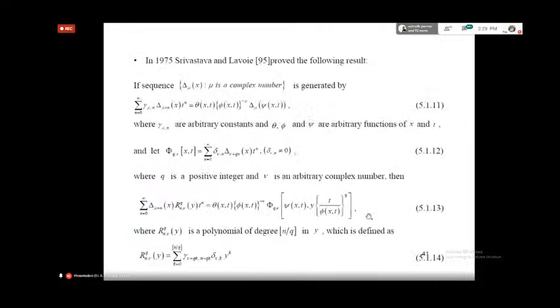And here this is again a polynomial of degree n by q in y. We define it into this form, defined by this one: gamma, with qk and n minus qk, delta vk, and v minus to power k.